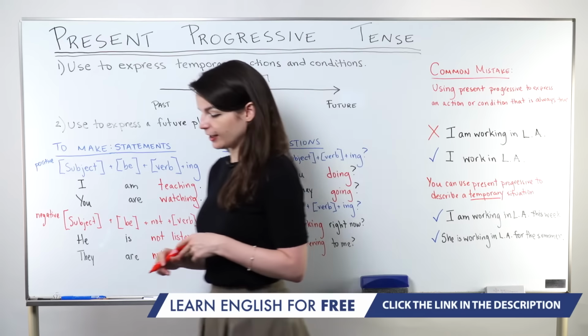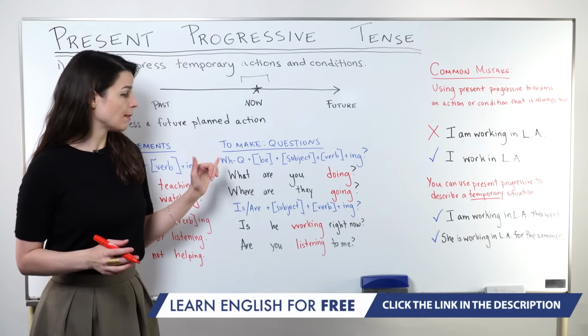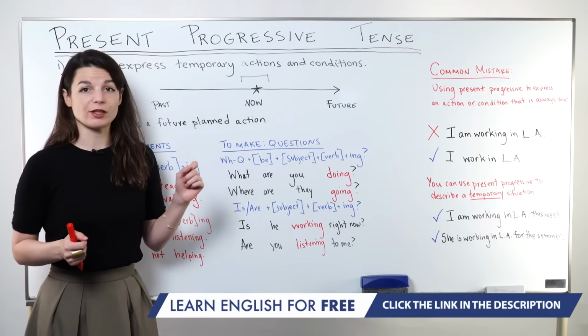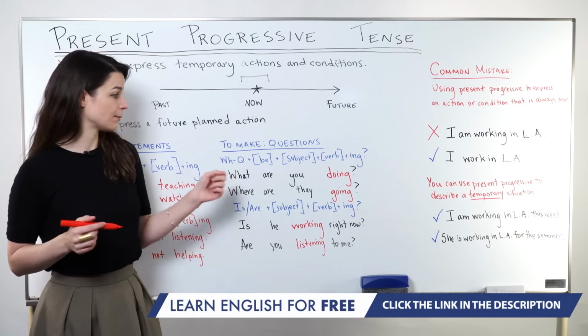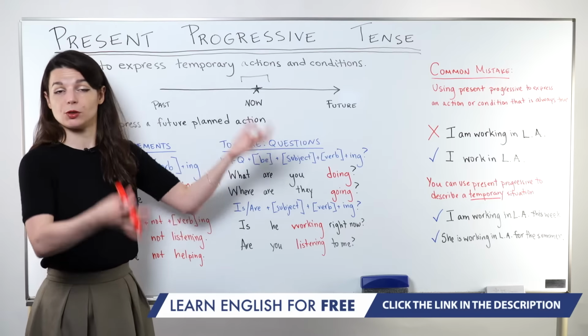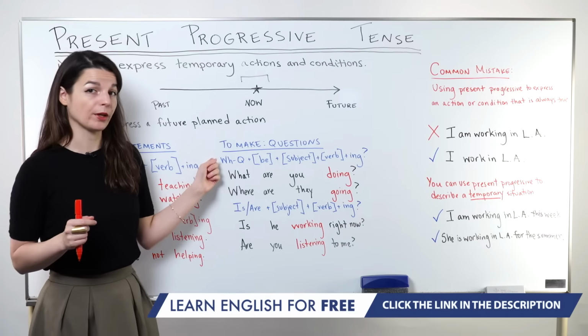Let's now look at how to make some questions. So first, I want to look at how we make information questions. So we use WH questions at the beginning of this pattern, like who, what, where, when, why, how, and so on. So we're trying to get some information. So we use our WH question.